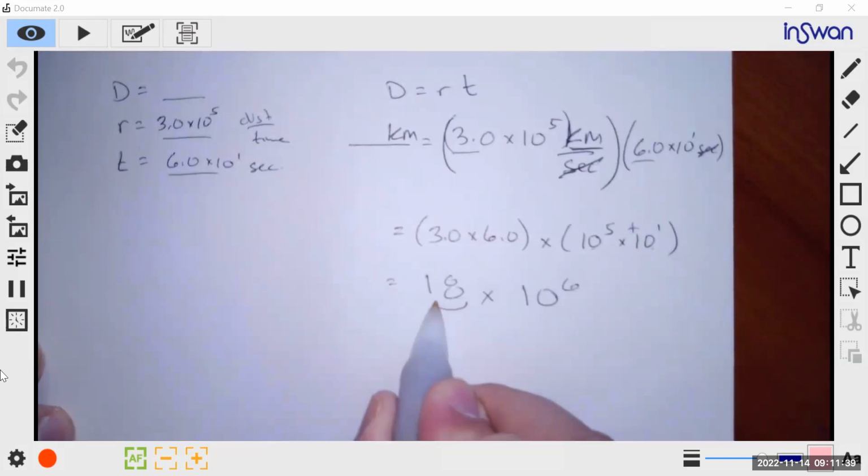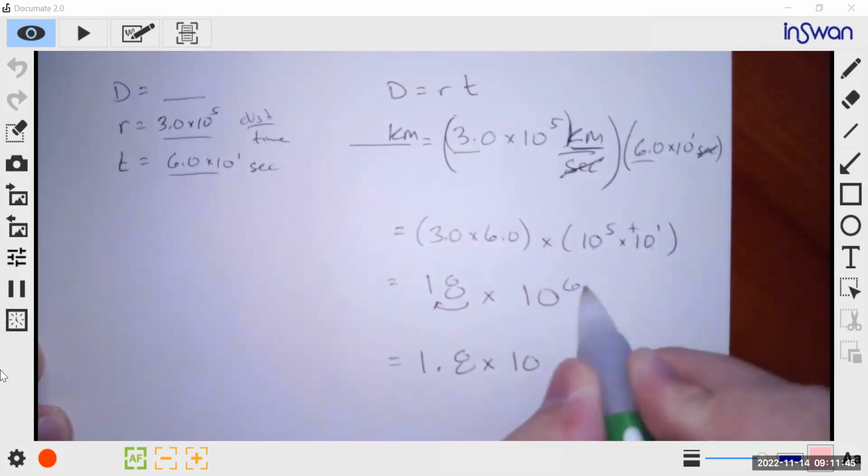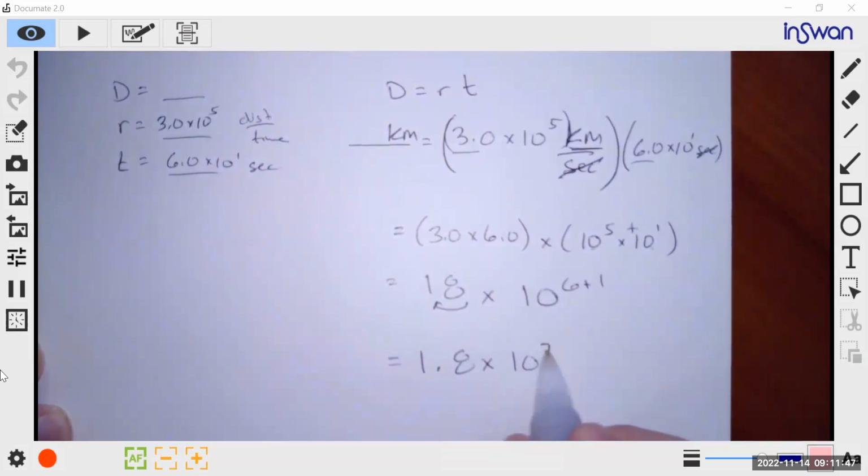Since we move the decimal 1 to the left to get scientific notation, we have to add 1 to the exponent. So the answer is light will travel 1.8 times 10 to the 7 kilometers in 60 seconds.